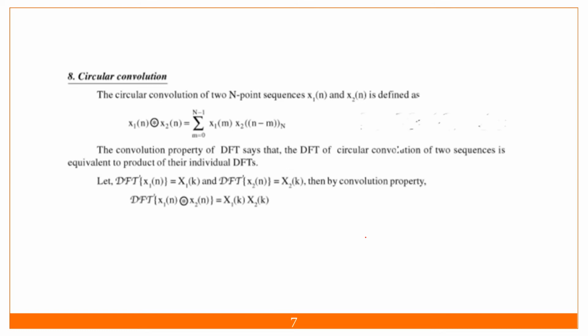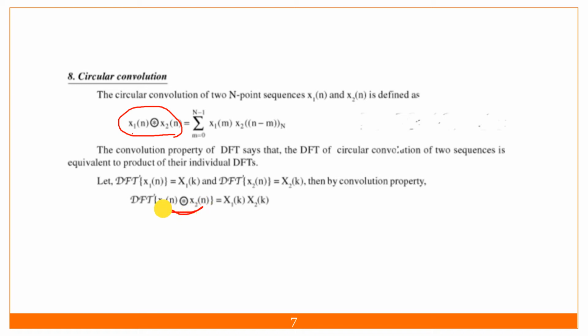In circular convolution, what is the property saying to you? If I want the circular convolution in the time domain, circular convolution is nothing but the summation over m from 0 to N minus 1 of x of m, and the second sequence we are shifting circularly.